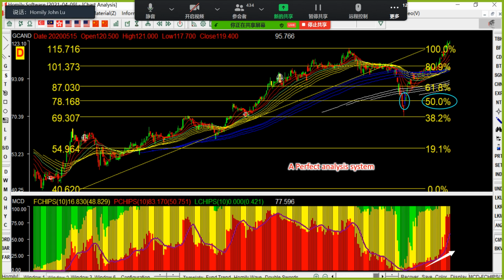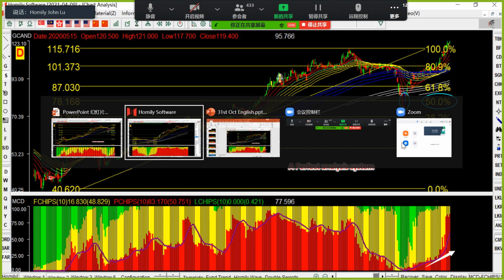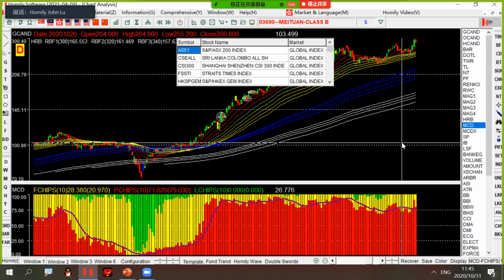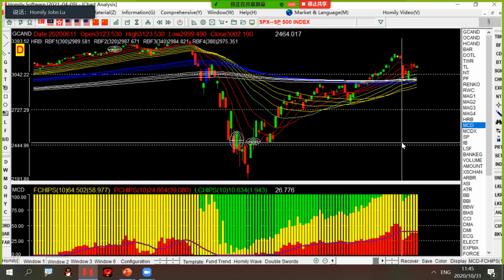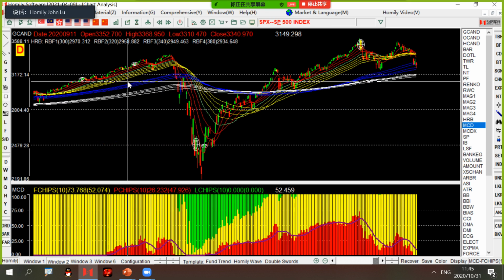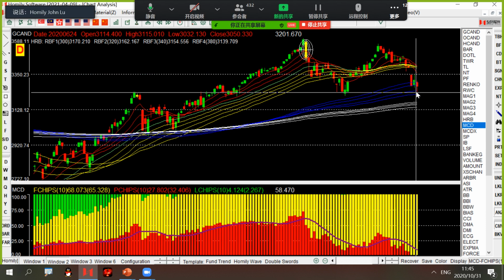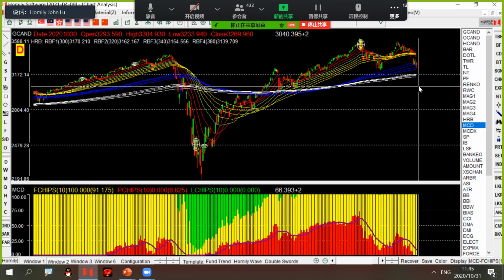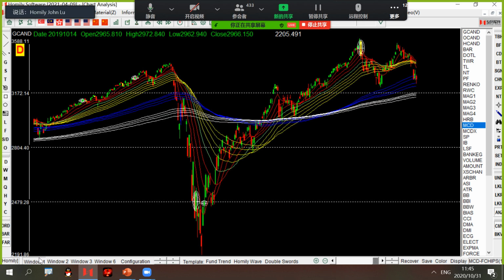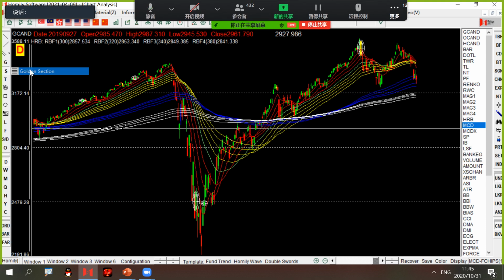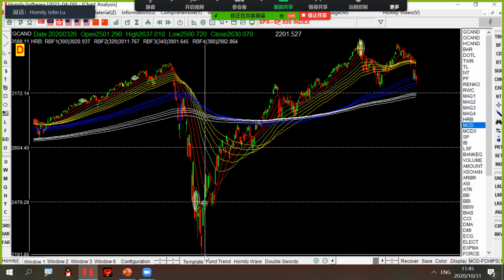Now can we apply this to our index? Yes, we can. Have a look at the SPX. According to the chart, now we are here, but you don't know which level. So how can we use the Fibonacci to try to predict from here?